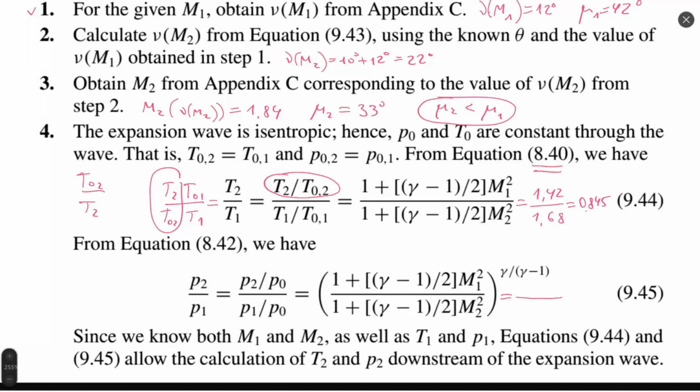Here we can see also that the formula is already inverted, because Appendix A has the reversed relation, T0 by T and P0 by P. For the pressure ratio, it's 3.67.